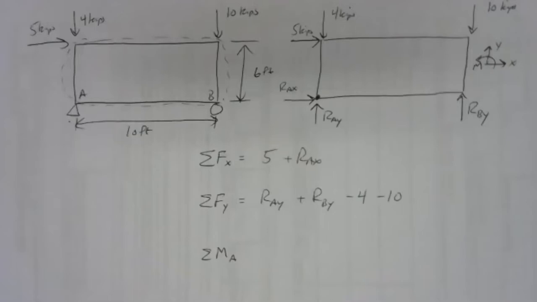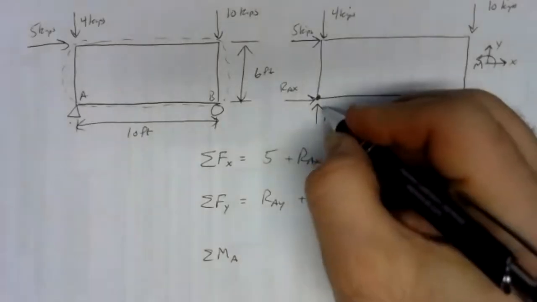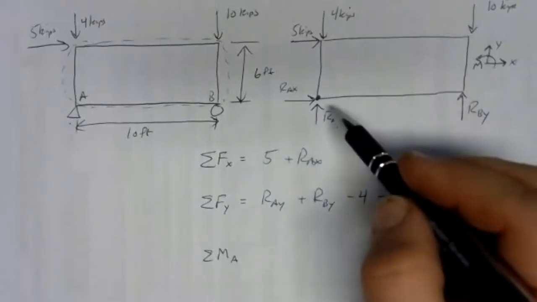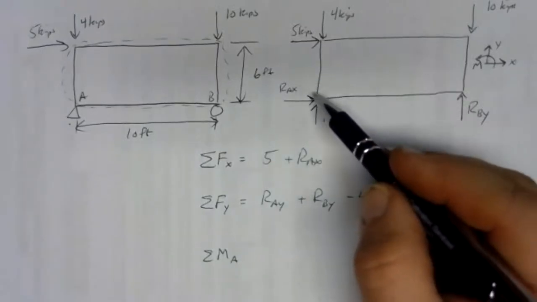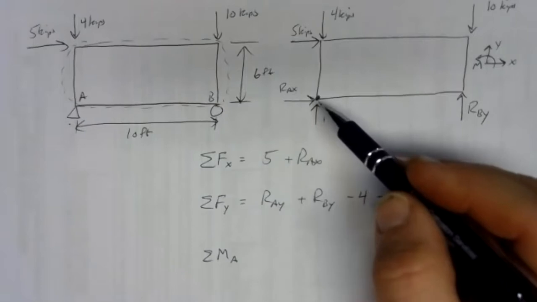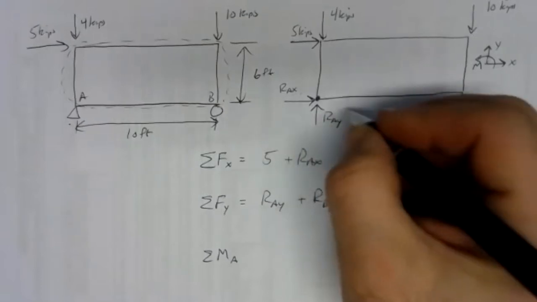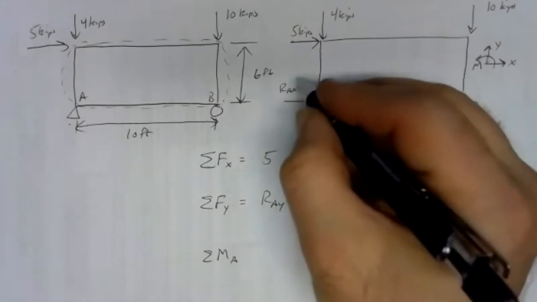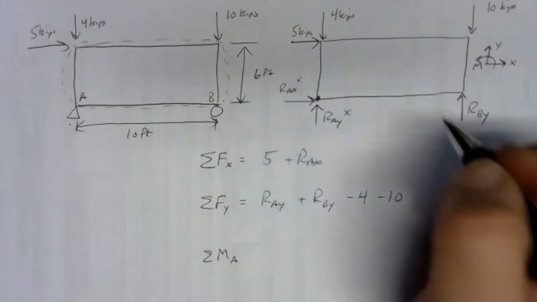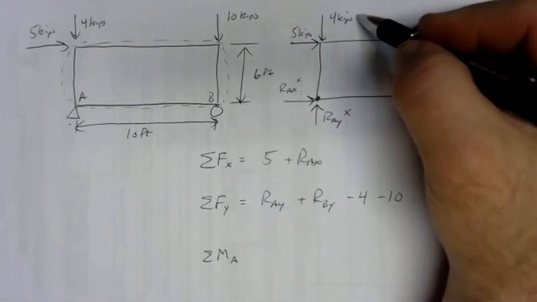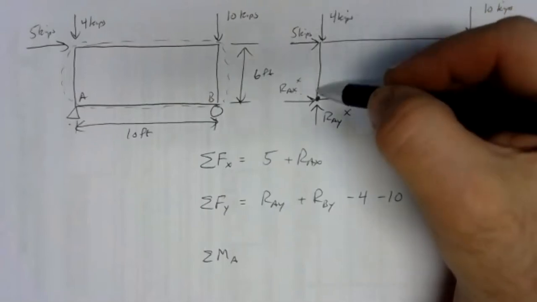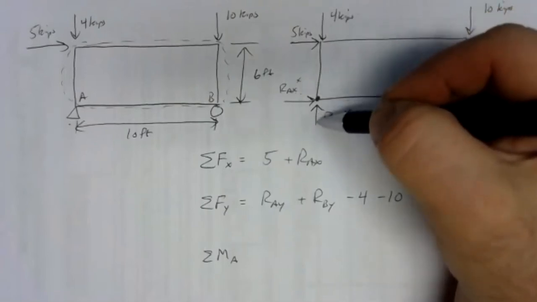So let's first figure out what forces are going to generate moments about A. Only forces that have lines of action that are not running through A will have a moment. So RAY and RAX, they push on the pivot point, so no moments there. Also, this 4 kip force over here, its line of action shoots right through the pivot point.